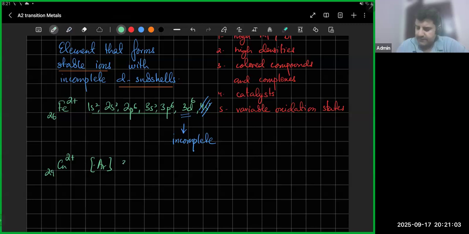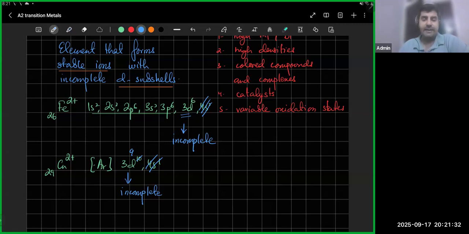And copper was 3d10, 4s1. Now, when it forms a 2 plus ion, it's going to lose the electron from the 4s and one electron from the d. And the d is incomplete. So that means copper is behaving as a transition metal.